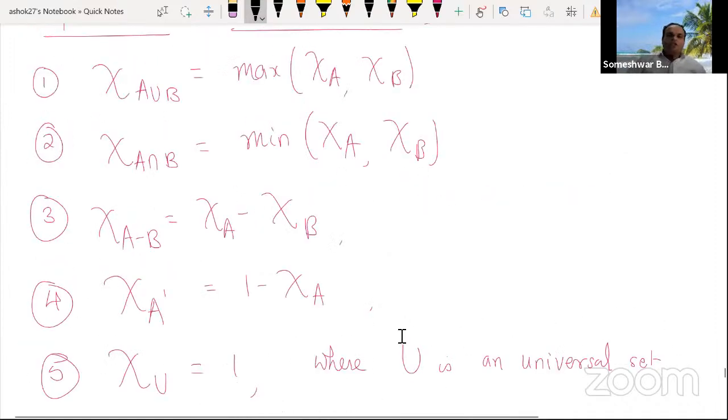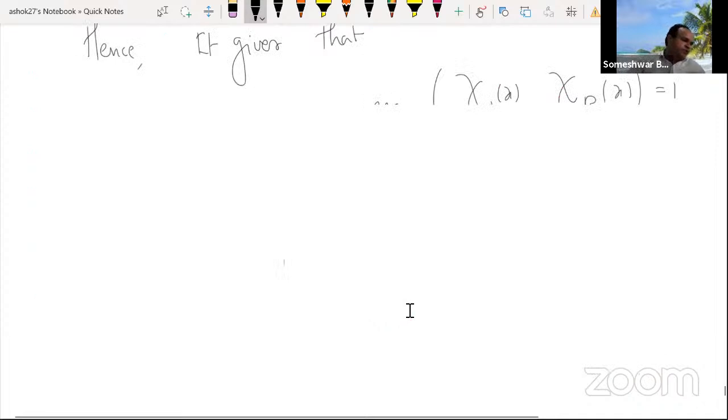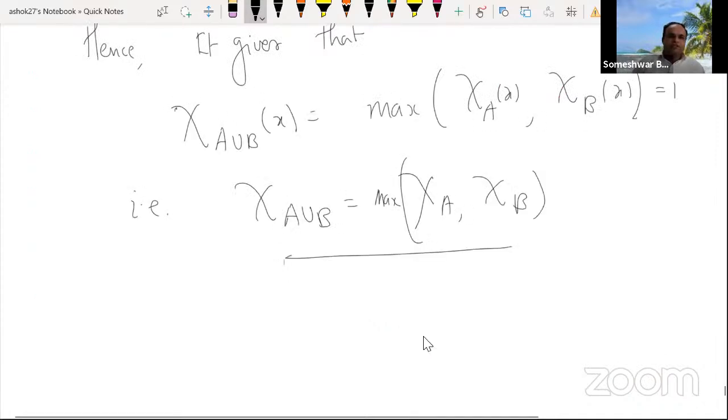So what happens if X is not an element of A union B? That is case 2.